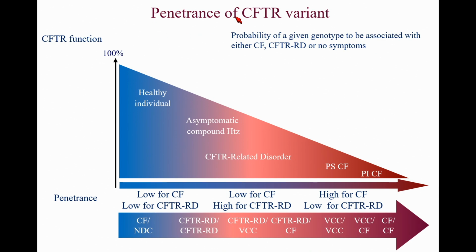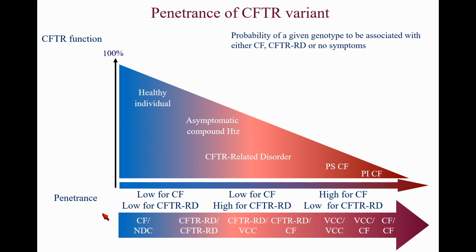And this relates to penetrance, because VCC variants, depending on their CFTR function defect, may have a high penetrance to cystic fibrosis and a low penetrance to CFTR-related disorder, or for other VCC, a low penetrance to cystic fibrosis and a high penetrance for CFTR-related disorder, while CFTRD variants will have a high penetrance for CFTR-related disorder and a minimal risk for classical cystic fibrosis.